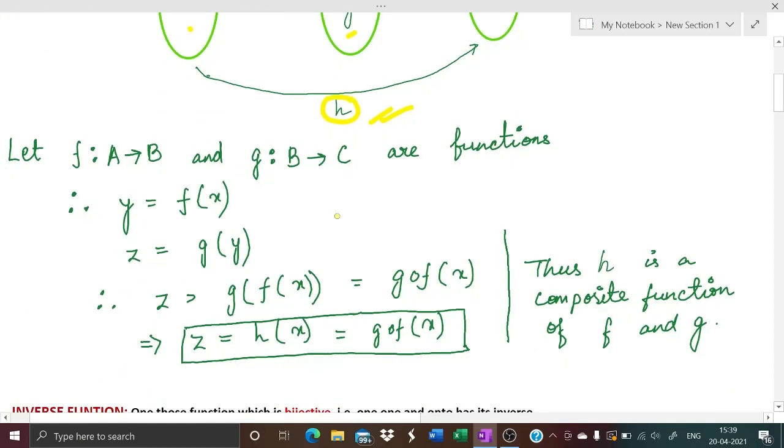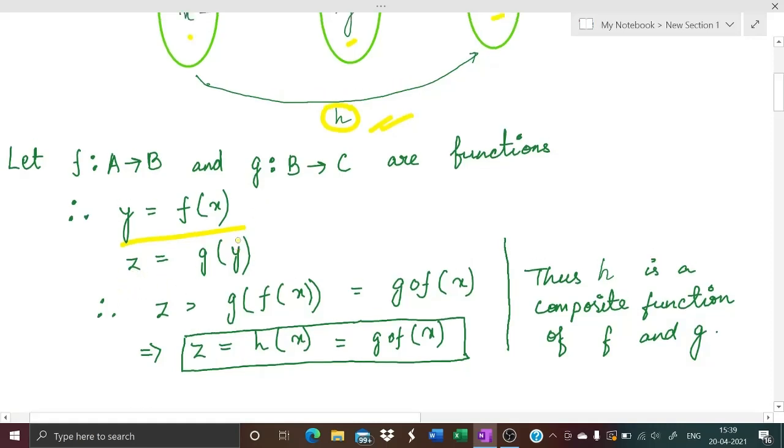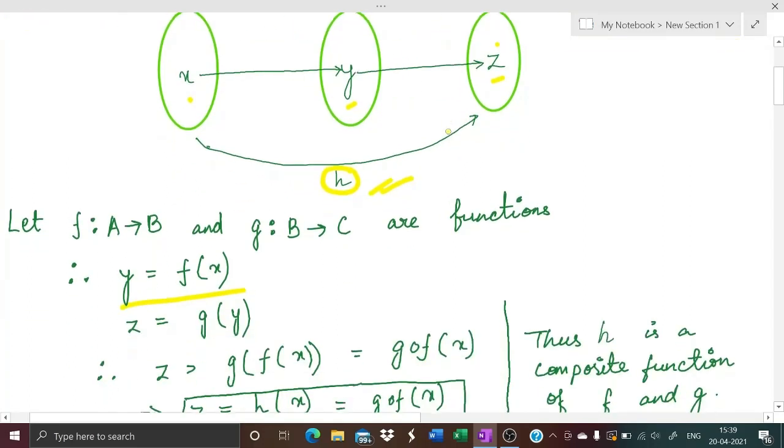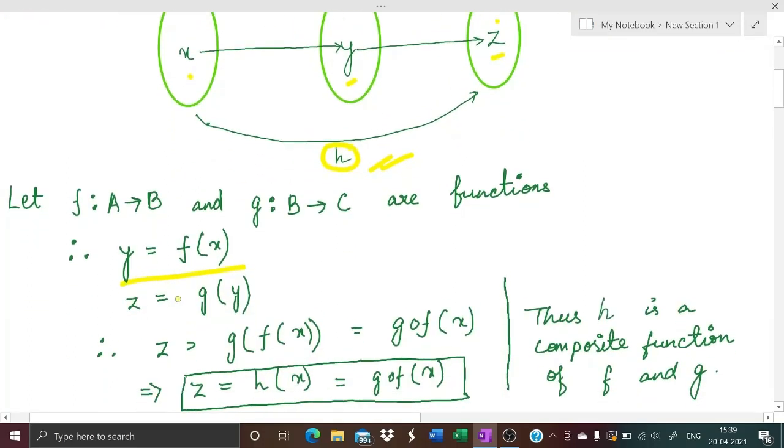You can see from here that y equals f of x, which is mapped by the function f, and z equals g of y because the function g is mapping.